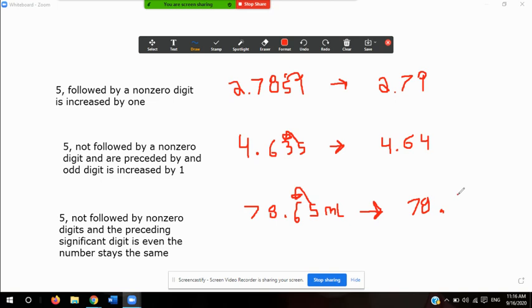Now, what we're going to see next is how we execute operations with them, adding or subtracting these numbers. Let's look at that real quick, okay?